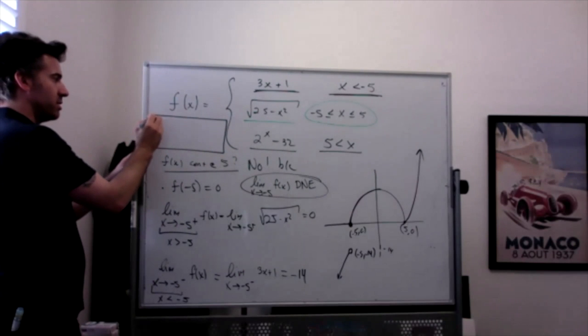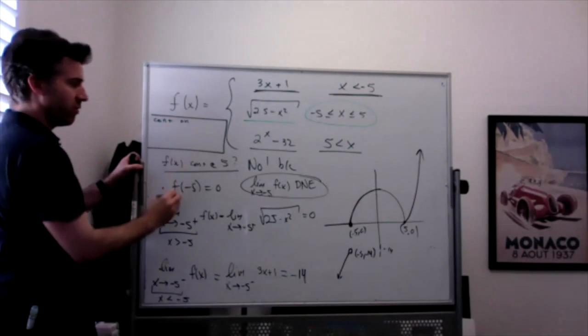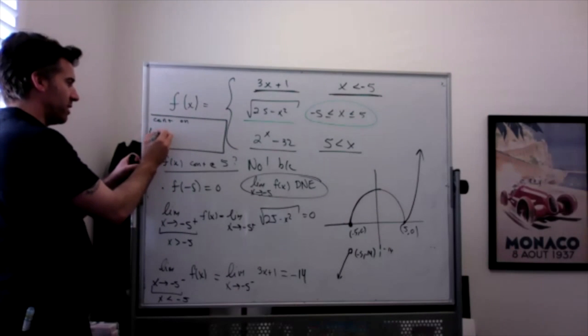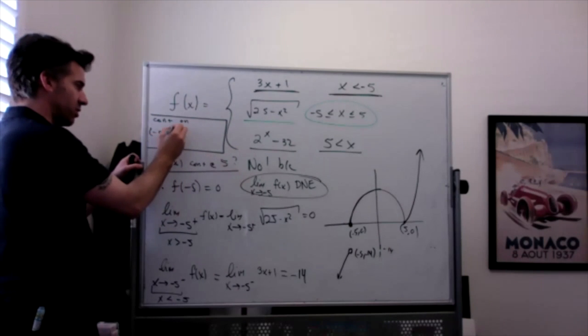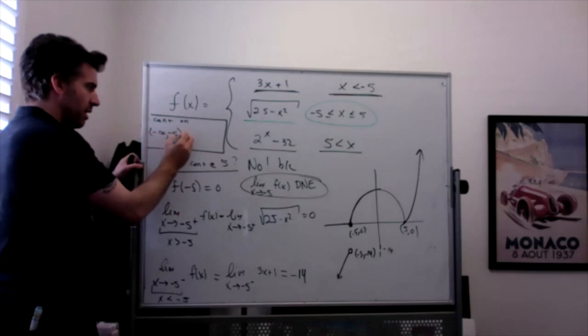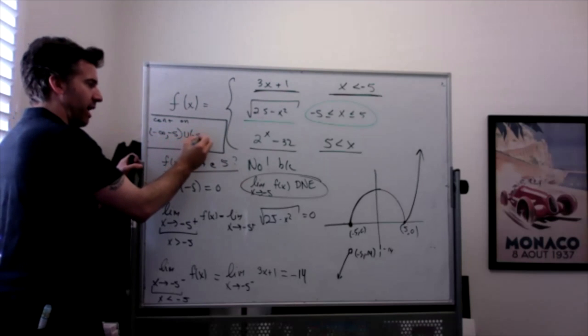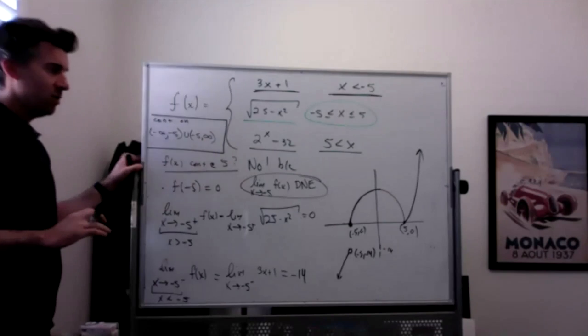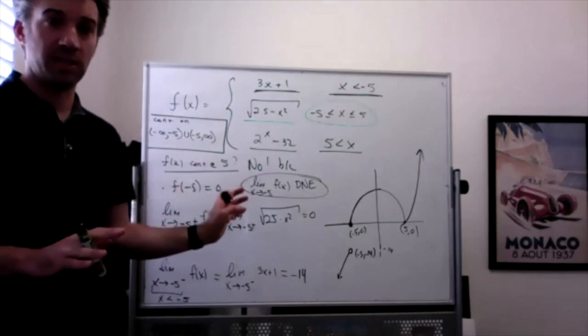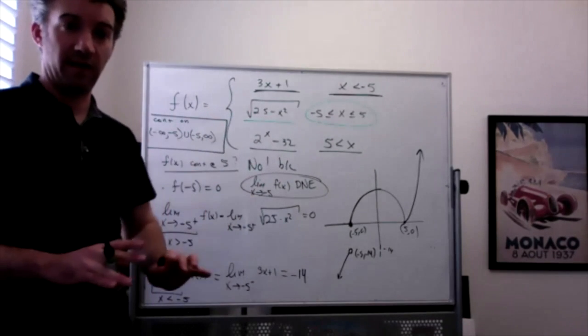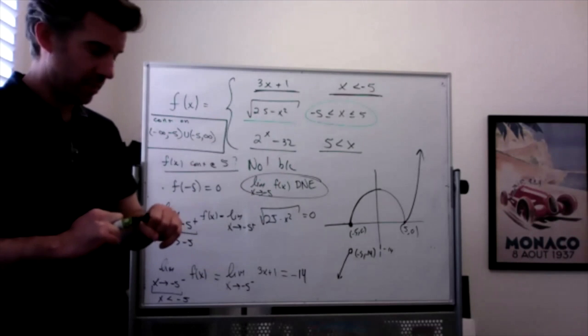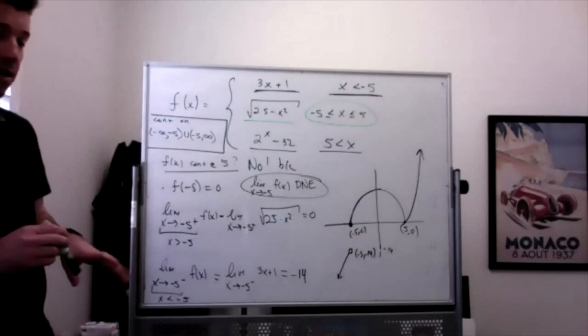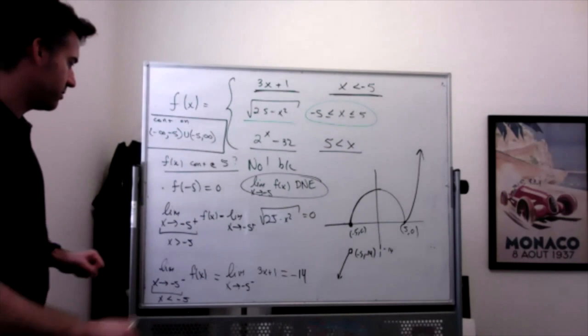It's continuous on the interval from negative infinity to negative 5, excluding negative 5, and then everything from negative 5 to infinity. So this function, as written, is continuous everywhere except for negative 5.